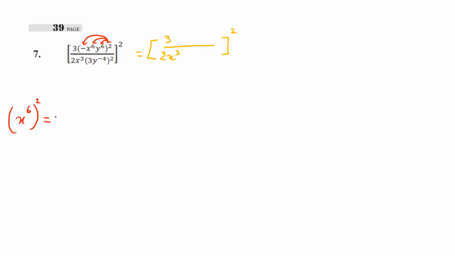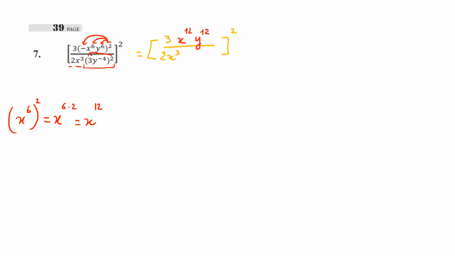Now we use the product rule. It's x to the 6 times 2, it's x to the 12. Same thing here. y to the 6 all squared gives me y to the 6 times 2, 12. Below, we said the 2 and the x cubed are outside the parentheses.